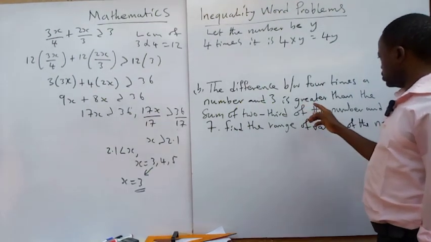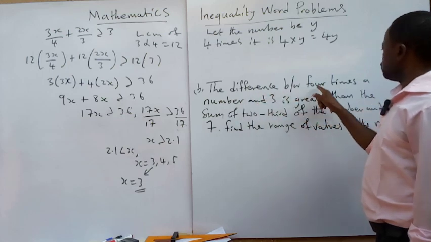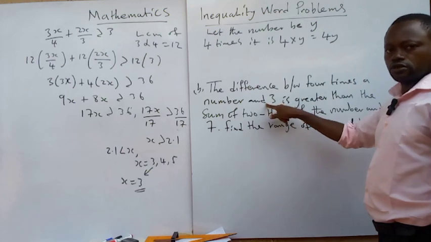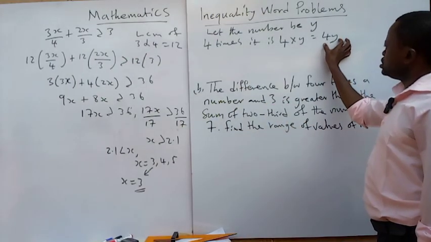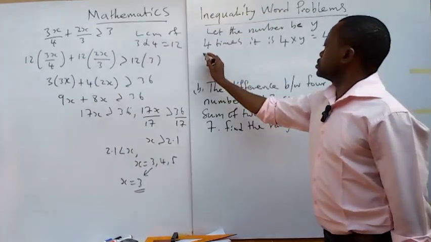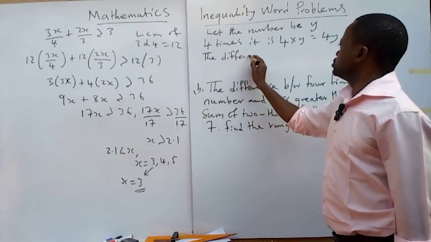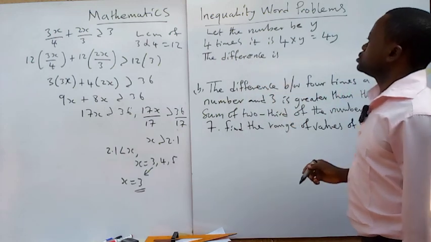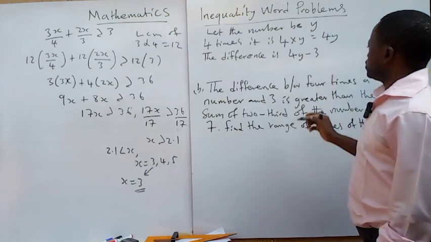What again do we have here? The difference between 4 times a number and 3. Difference means subtraction. So 4 times this number, the difference between this quantity and 3, means the difference is 4y minus 3.